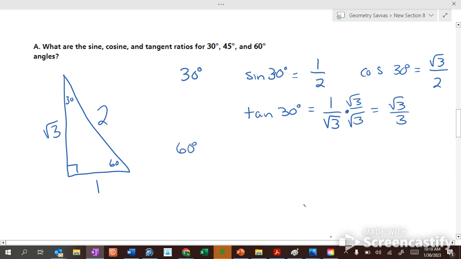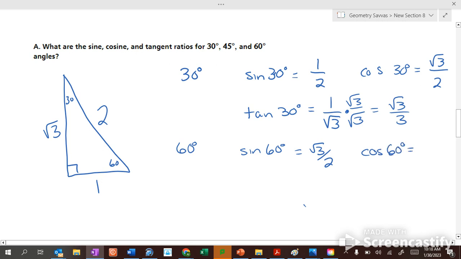Let's do a 60-degree angle, and then we'll draw a 45, 45, 90. What's the sine of a 60-degree angle? What's the opposite of the 60-degree angle? Square root of 3. What's my hypotenuse? 2. That doesn't change. What's the cosine of a 60-degree angle?